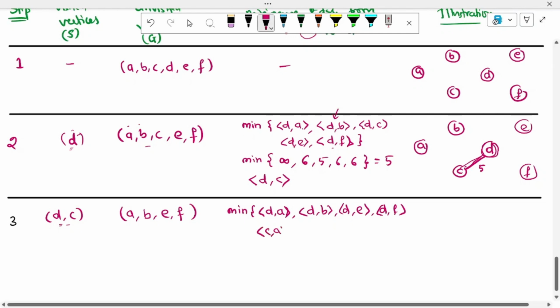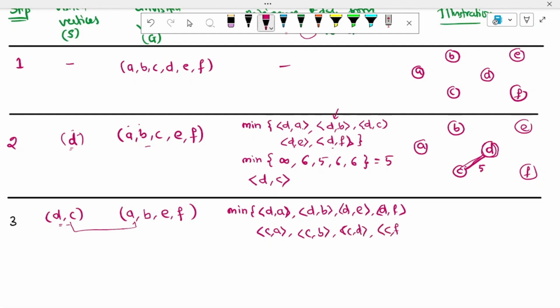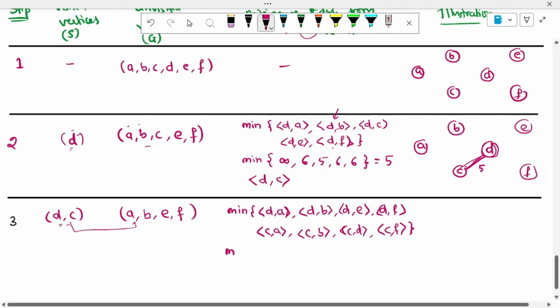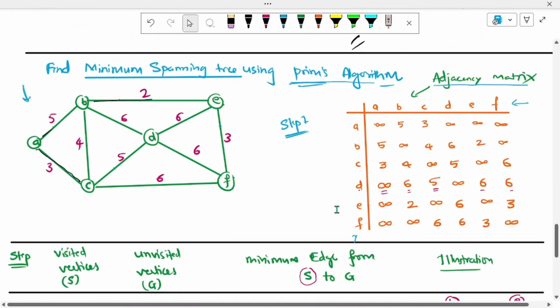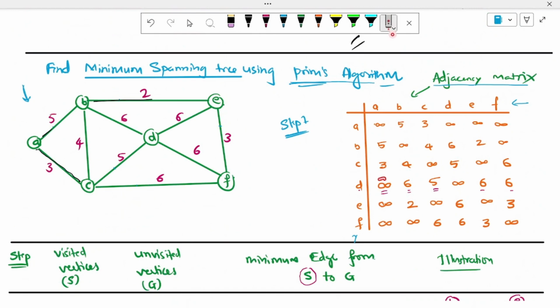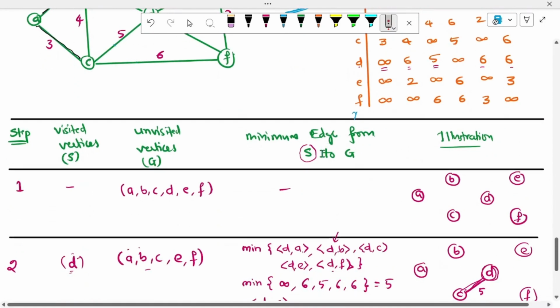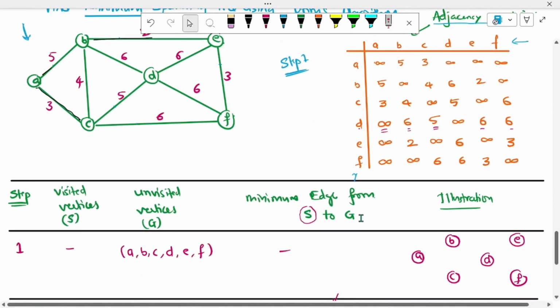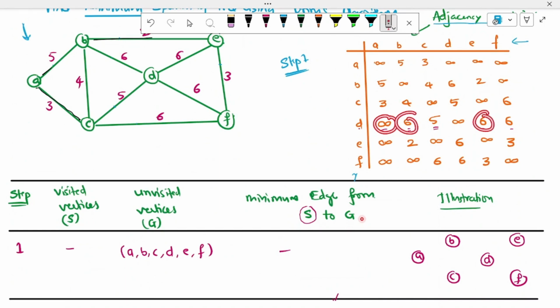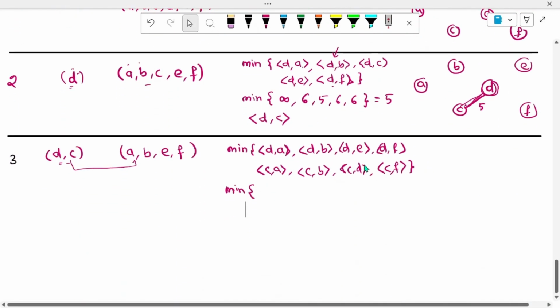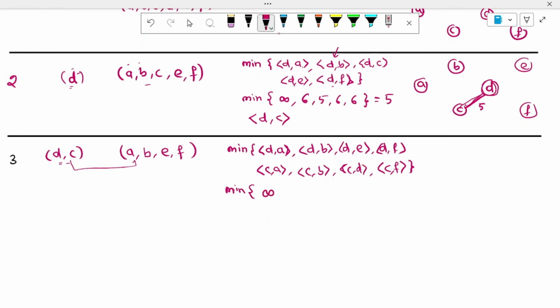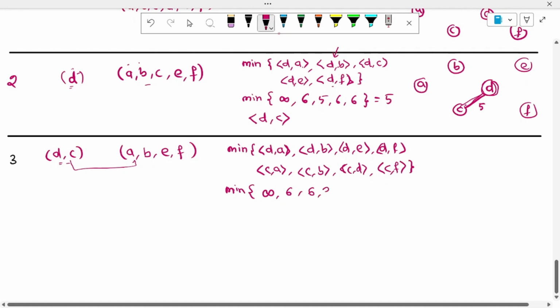And then next C to A, then C to B, then C to D, and then C to F. And here we are going to write the values, minimum of D, A, B, E and F. So it is going to be infinite, 6, 6, 6.